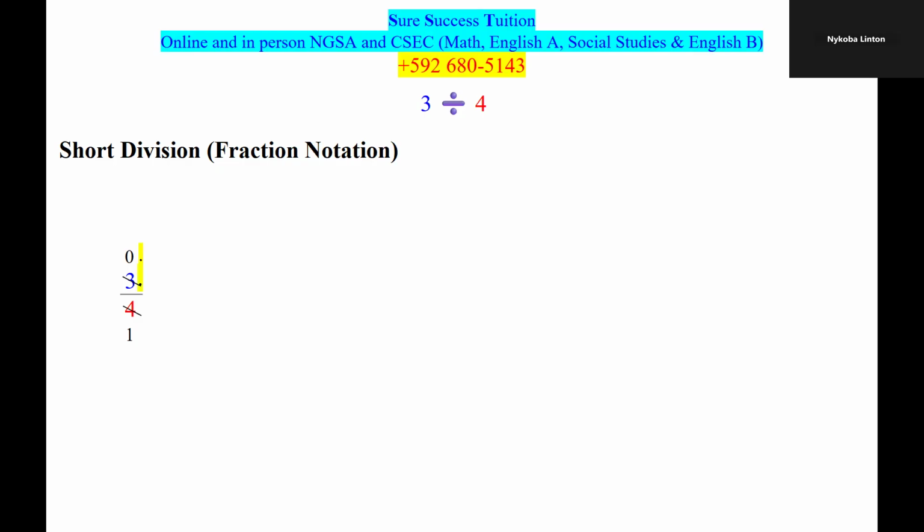We put our decimal point. We add a few zeros. Now that's 3. We did nothing with it. So let's put it back as a remainder. Now 4 into 30, 7. How much would remain? 2 would remain. 4 into 20 would be 5. Now nothing remains. So 3 divided by 4 or 3/4 as a decimal would be 0.75.